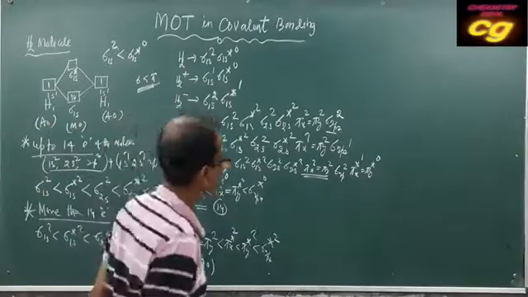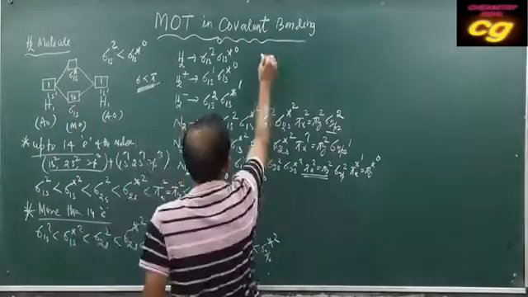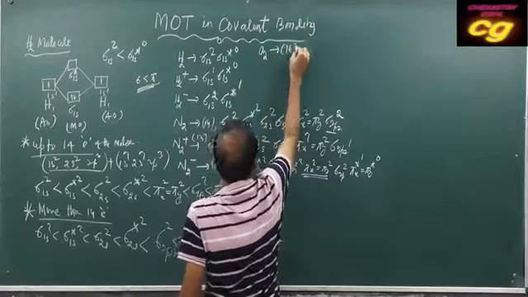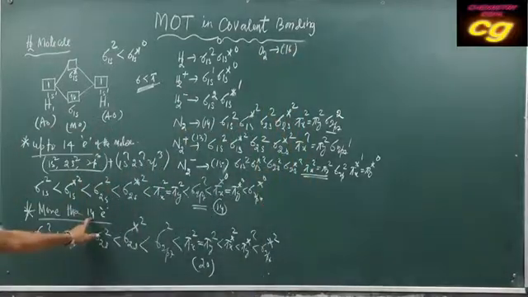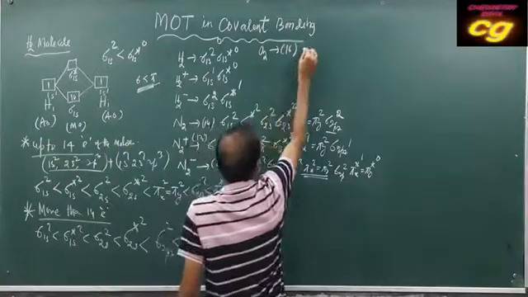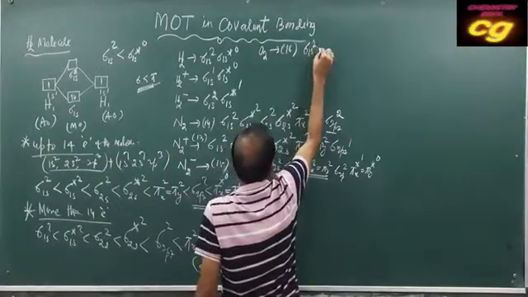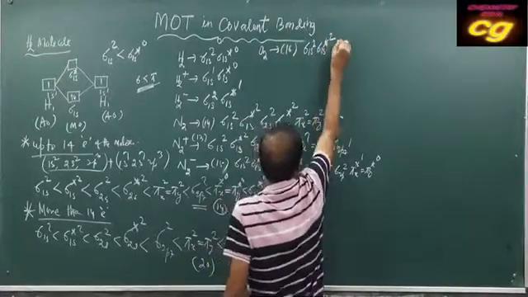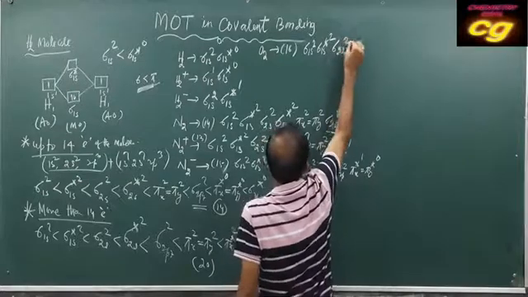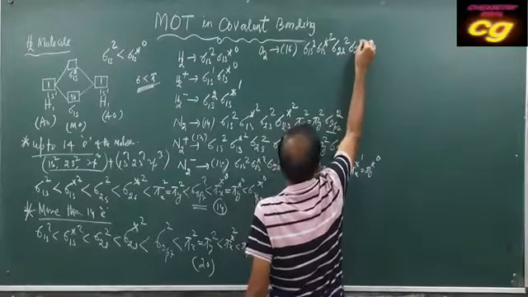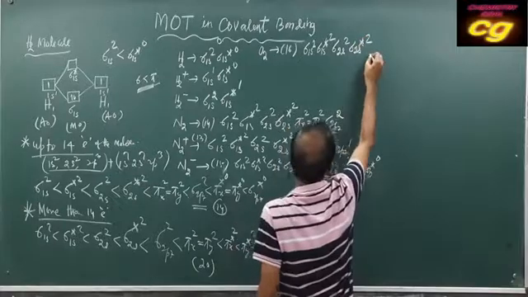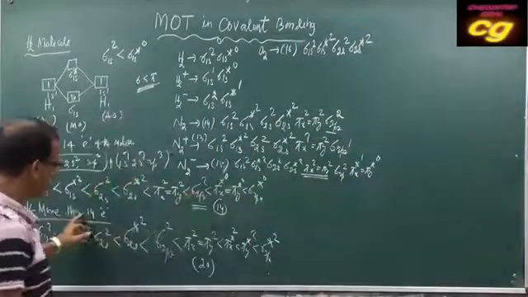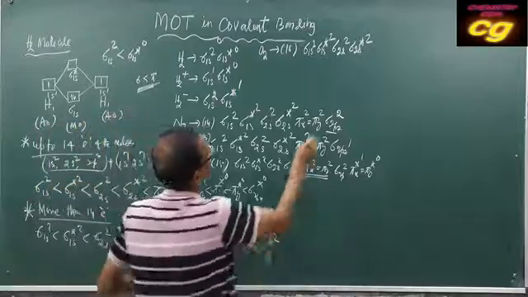Similarly, what is the configuration of oxygen O2? O2 molecule is 16 electrons, so it will follow more than 14. So sigma 1s2, sigma 1s star 2, then sigma 2s2, sigma 2s star 2, then as it is more than 14, sigma 2pz will come.